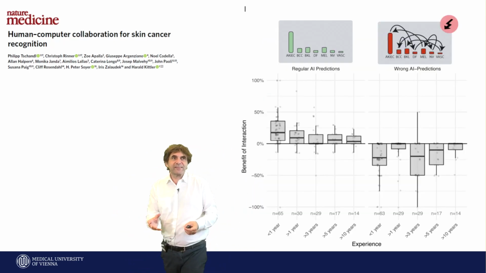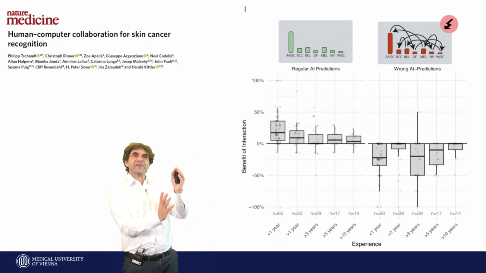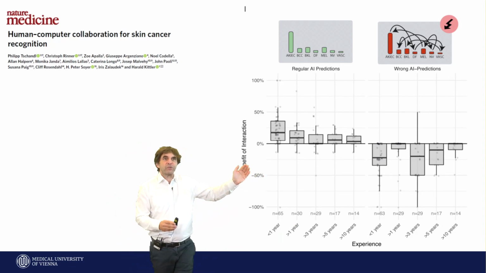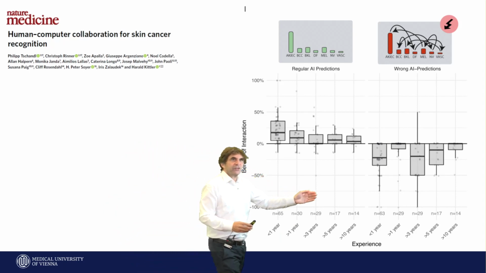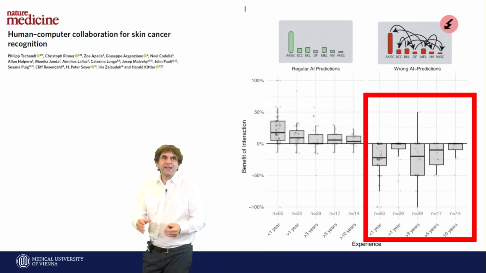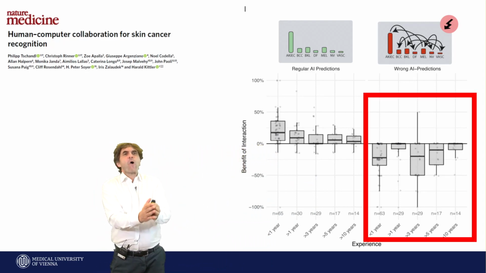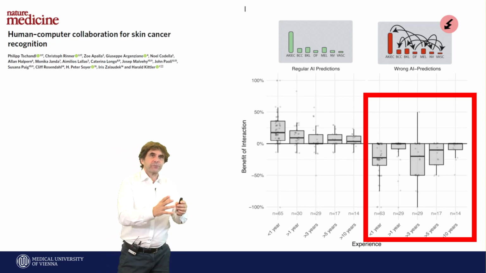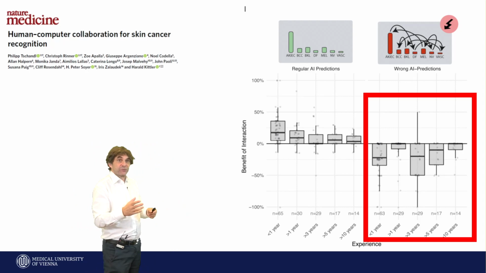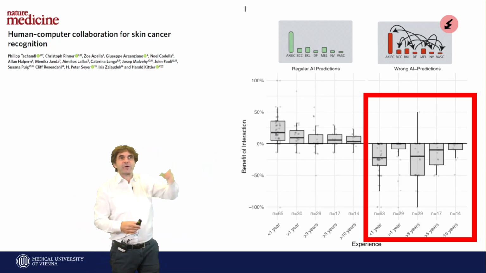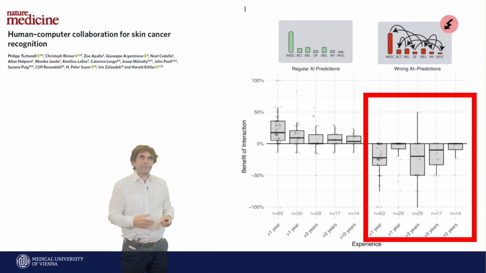And then we tested again if they improved the diagnostic accuracy with AI support or if they got worse. And you can see here, this is with regular AI support and this is with wrong AI support. And you can see here that all, even experts, got worse or underperformed in comparison to their expected accuracy when they were confronted with wrong AI predictions.